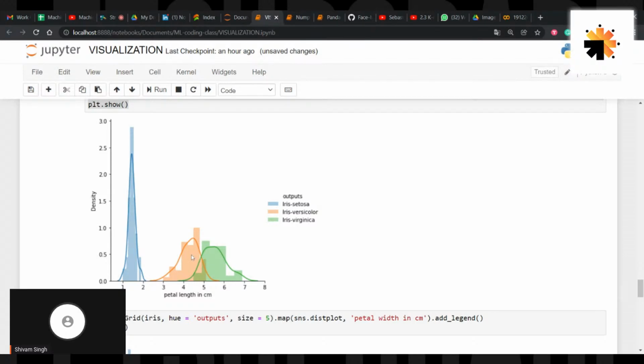Now for the second statement, for Versicolor and Virginica, we can make a boundary here too because the overlapping is not very high. If you clearly see, the overlapping is not that much.